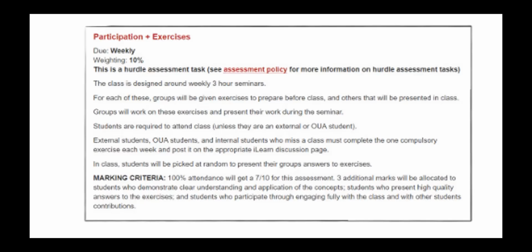The 3 additional marks will be allocated for showing something more: clear understanding, application of the concepts, high quality work, and participating in thoughtful engagements with other students' contributions, commenting on them.